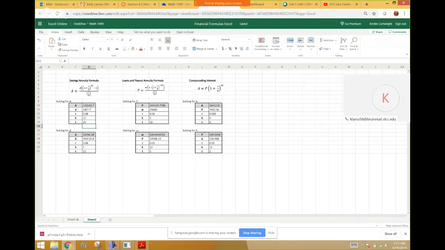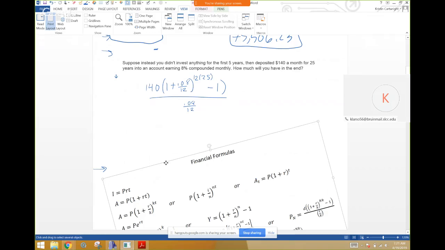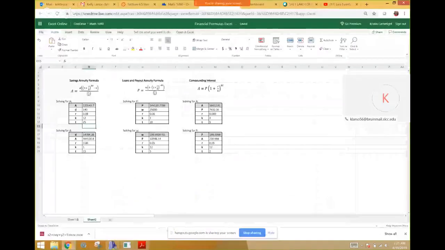You can verify it with your calculator, but it looks like it should be 133.